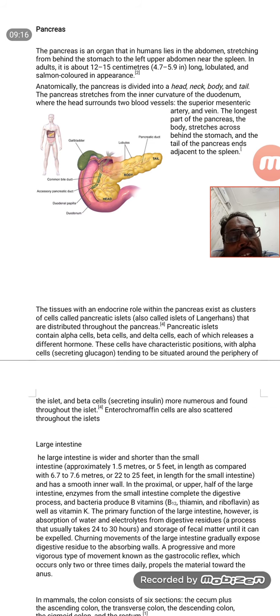We will study that. Next come the beta cells, which are responsible for secreting insulin, and very specifically the islets of Langerhans are responsible for the secretion of insulin. Then endocrine cells are scattered all over the islets, and they also secrete hormones.